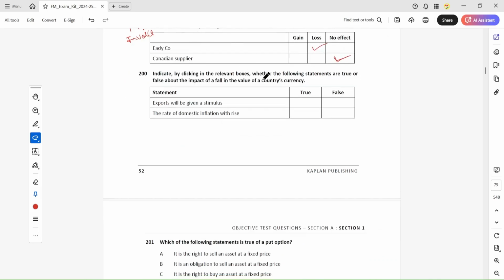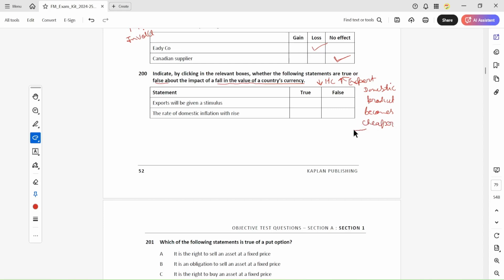Indicate by clicking in the relevant boxes whether the following statements are true or false. Impact on the value of currency. About the impact of a fall in the value of a country's currency. If there is a fall in home currency, what will happen? Increase in export. Why? Because domestic products become cheaper.